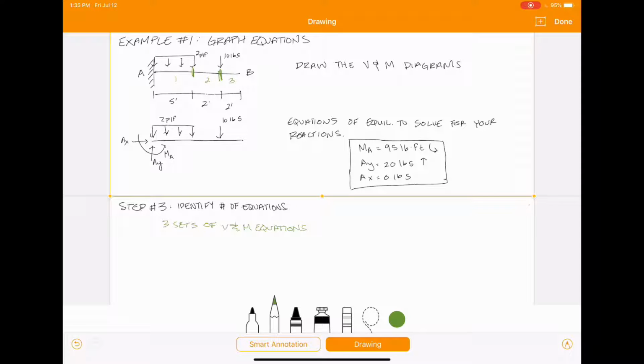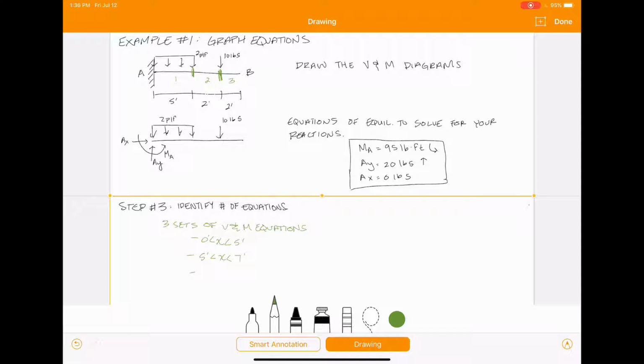So we're going to have a set of equations for x between 0 feet and 5 feet, x between 5 feet and 7 feet.